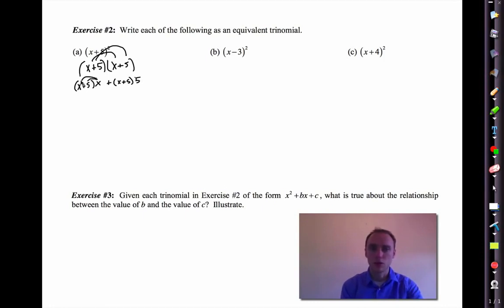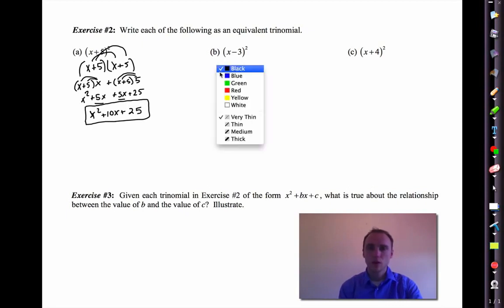Remember, this is called double distributing. And I'll get x squared plus 5x plus 5x plus 25. Then combining my like terms, I get x squared plus 10x plus 25. All right, and I'm done. I wrote it as a trinomial.